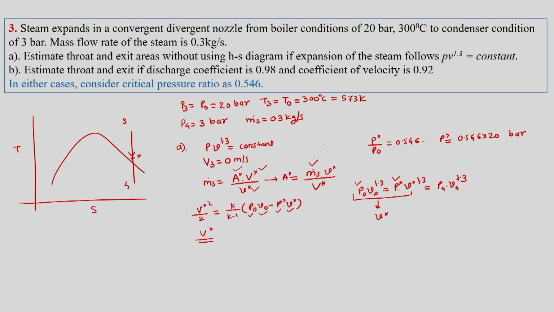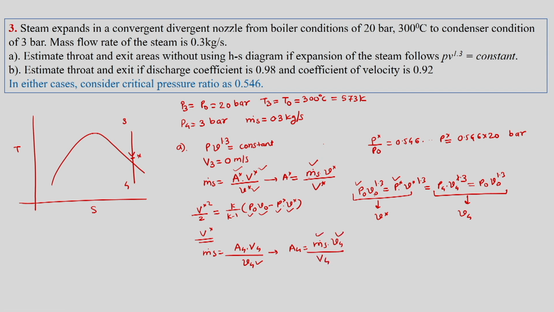A similar procedure can be executed for finding the exit area, where m dot s is equal to A4 V4 divided by specific volume v4. Using P naught V naught raised to 1.3 we will find v4. So v4 is known, and A4 is to be found: A4 is equal to m dot s times v4 divided by V4.